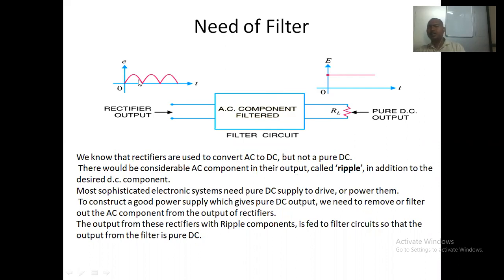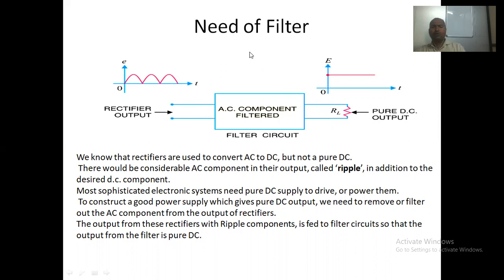So the undesirable AC component is called ripple. Did you understand what ripple means? Ripple is the undesirable AC component contained in the rectifier output. That is the definition of ripple.